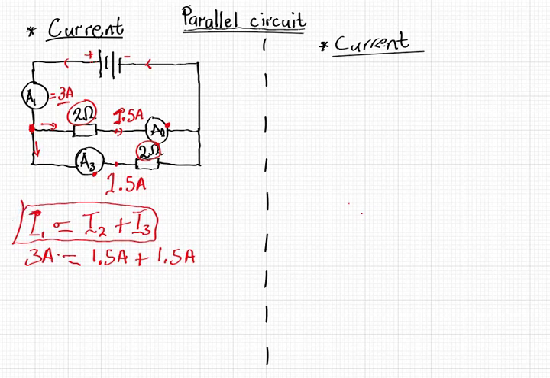So the important thing that you need to understand is that because the current here at this point is 3, and then they branch, the current splits, okay? And then at this junction, they recombine and it becomes 3.